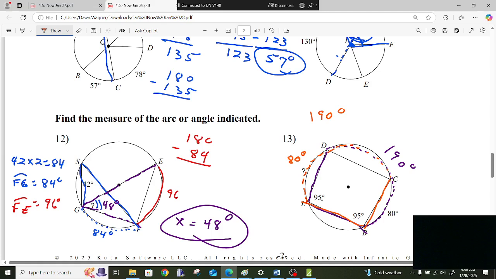Okay, so you have the purple, right? Which is this one. And that's 190. But then when I have this one over here, this one's 190 also. So this would have to be 80.